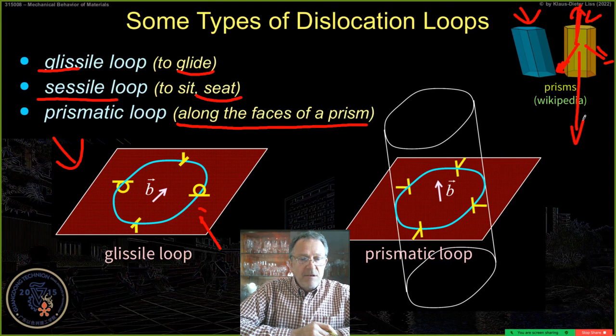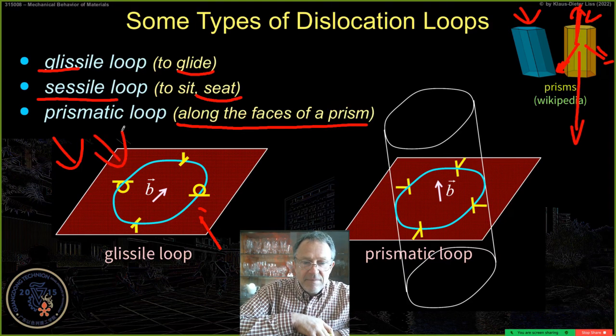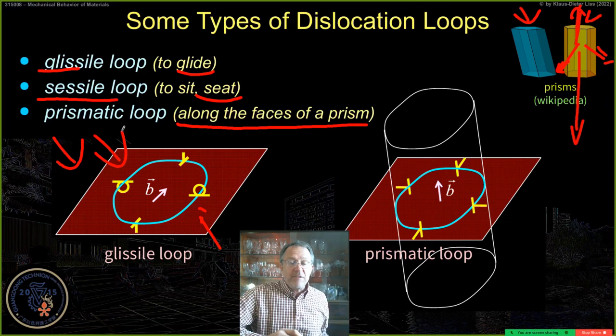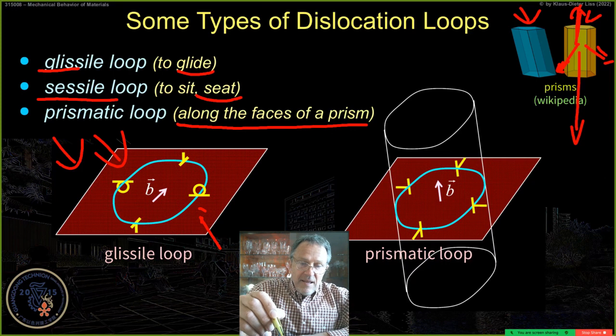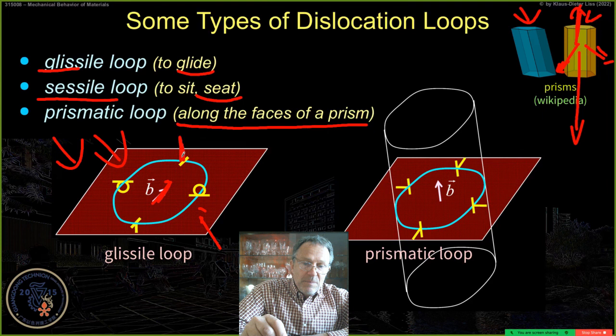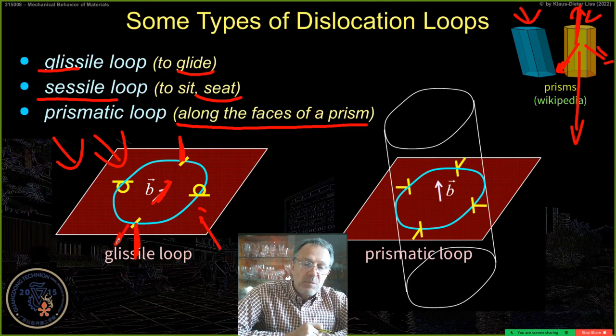Right. So a glissile loop, again, here in the figure to the left. I repeat this several times in different figures because it's important for me that you understand it. So we have the Burgers vector here. That means here at this position at the top we introduce one lattice plane. It means also on the other side, if this is the outer radius, we would have a negative Burgers vector, or introducing a lattice plane from the bottom.